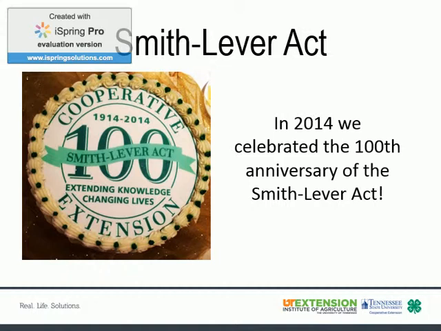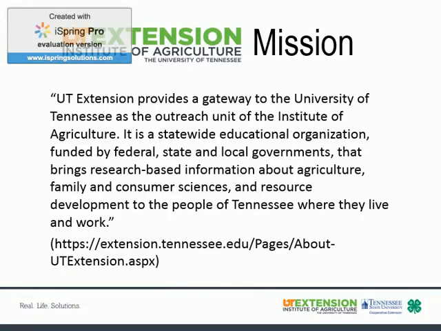Now that you have an idea of where we came from and why Tennessee has 2 land-grant colleges, we'll further explain the relationship between UT-TSU Extension and the county governments. The mission of UT Extension, as stated on their website, is UT Extension provides a gateway to the University of Tennessee as an outreach unit of the Institute of Agriculture.